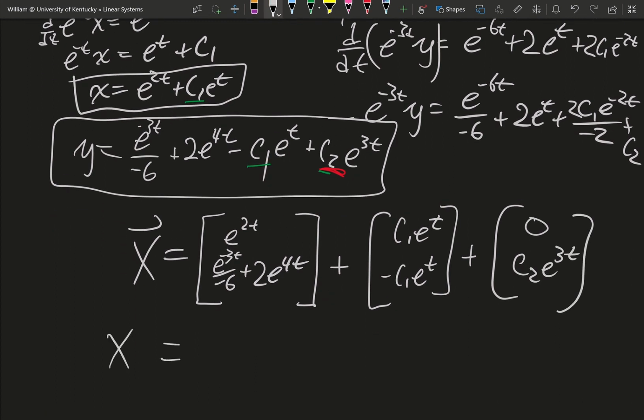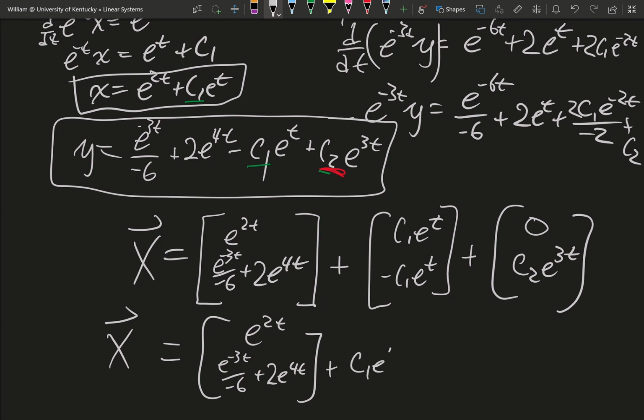Now what's good to do is try to pull out as much as possible. So we can pull out a C1 e to the t, and then we're left with a 1 and a negative 1. And then here we can pull out a C2 e to the 3t, and a 0 and a 1.